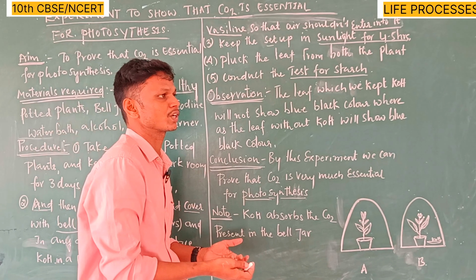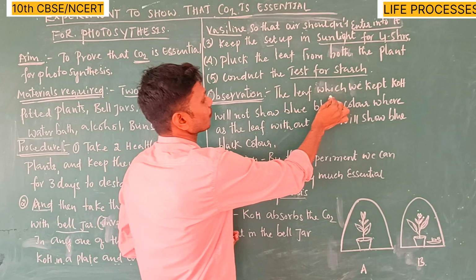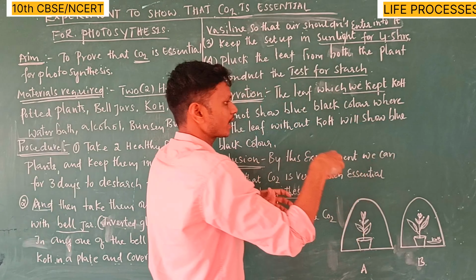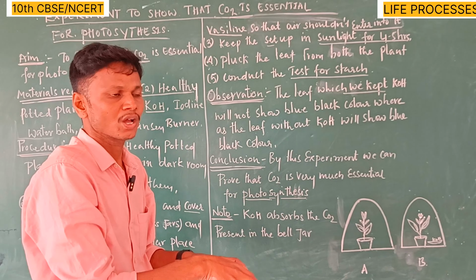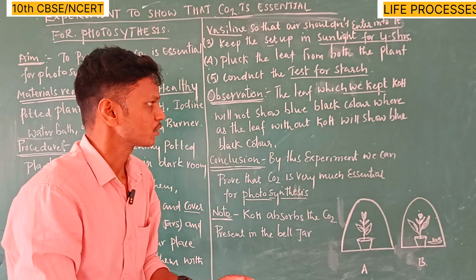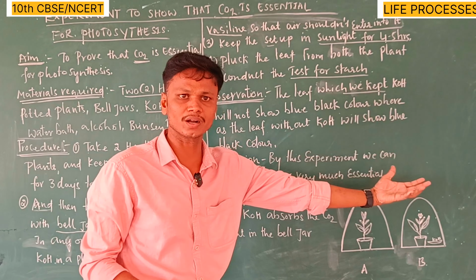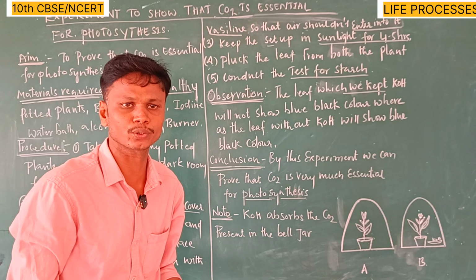What is the observation? What are you going to observe? Mainly, the leaf of the plant which we kept with KOH will not show any blue-black color. Why? KOH has the capacity to absorb the carbon dioxide. When carbon dioxide is not there, obviously the plant will not perform photosynthesis.